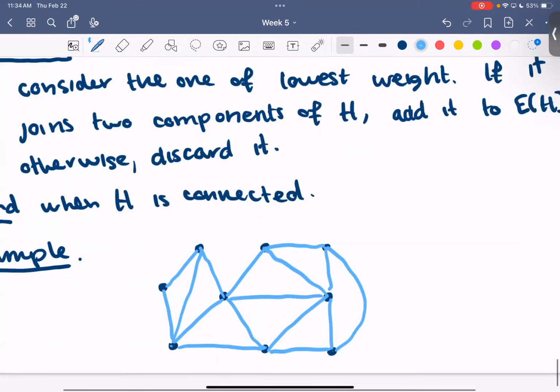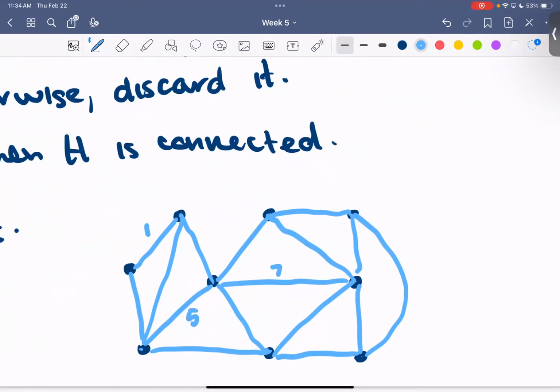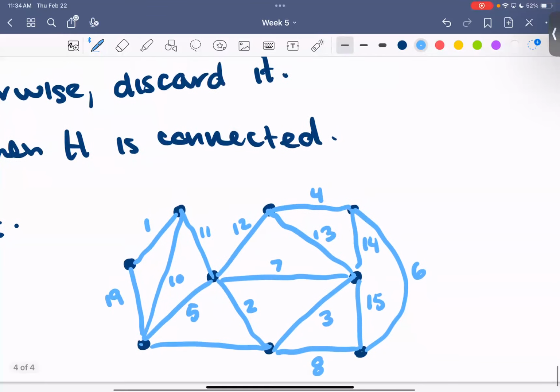I'll put some numbers on here. Okay, so go ahead and look at this and find the optimal spanning tree.